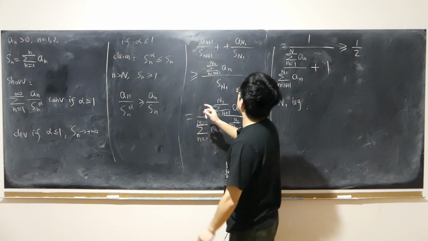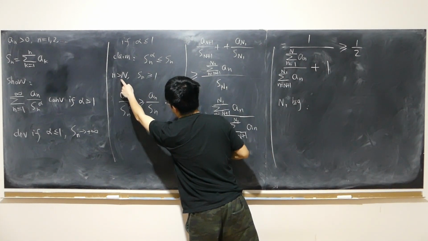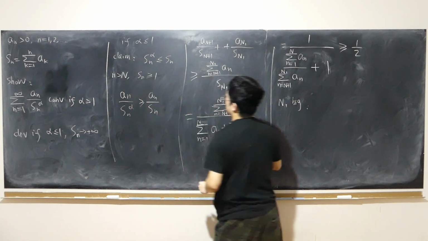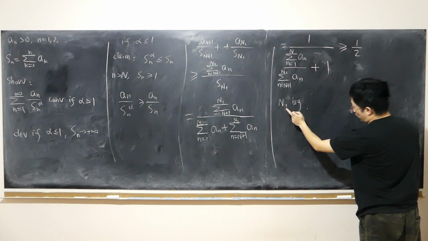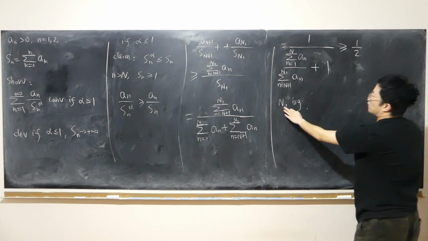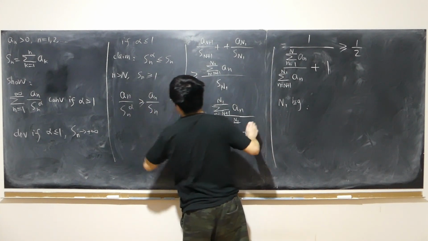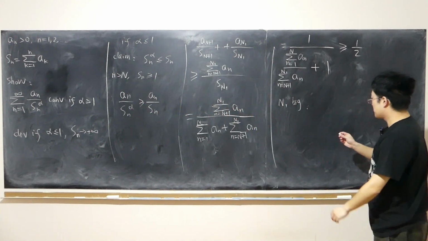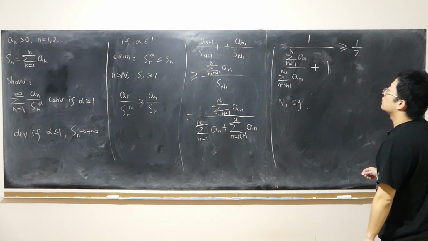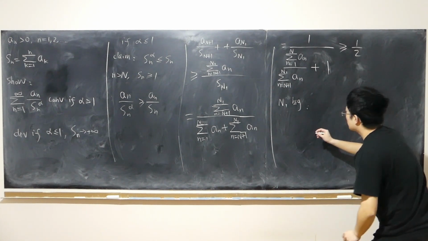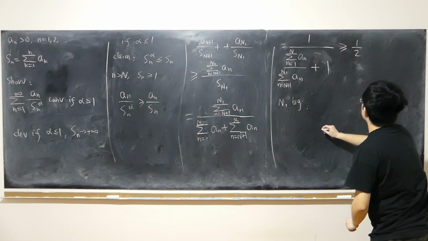If n is bigger than capital N and we choose capital N1 big enough, obviously capital N1 is bigger than capital N, right? Both big enough, and we can continue this process over and over again.